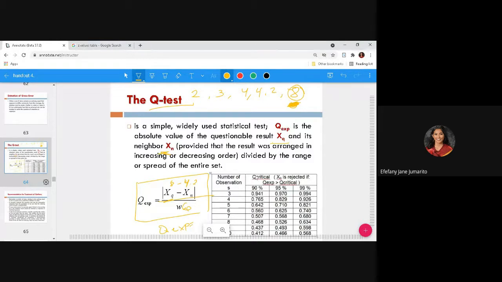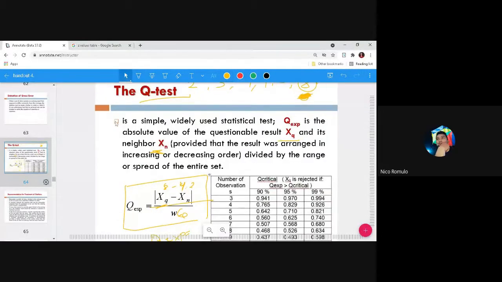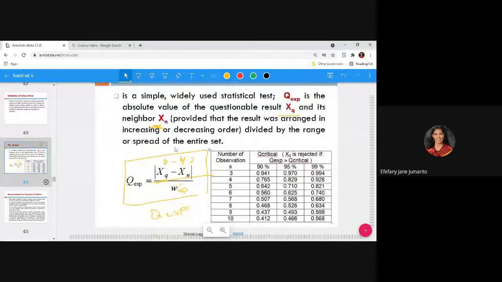QEXP is equal to 8 minus 4.2 divided by 6. So that is 0.63. Okay, that is 0.63.